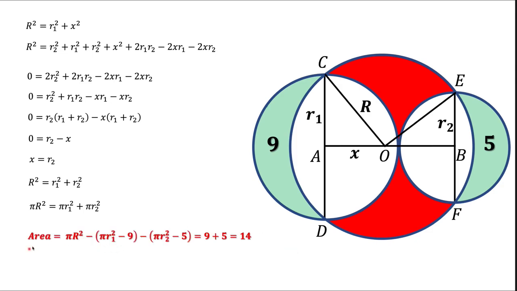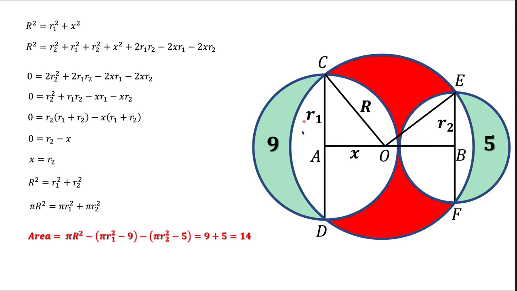Formally we can show this: the red area equals the area of the large circle minus the left white area, that's the first parenthesis, and minus the right white area, and that's the second parenthesis.